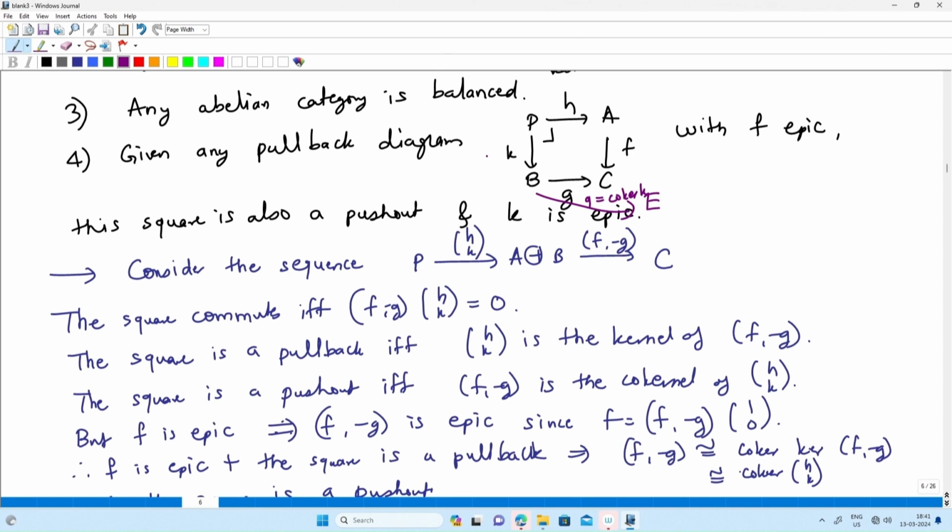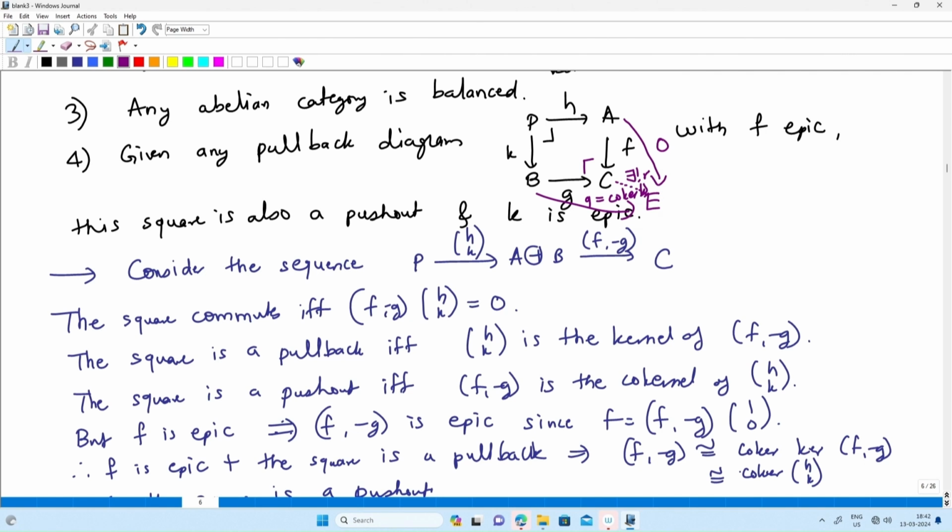Well, co-kernel K composed with K is always 0, so it's enough for me to take the 0 map here so that the outer rectangle commutes. Now we have just shown that it is a push out, so by the push out property I have existence of a map. Let me call it R. What can I conclude from R?